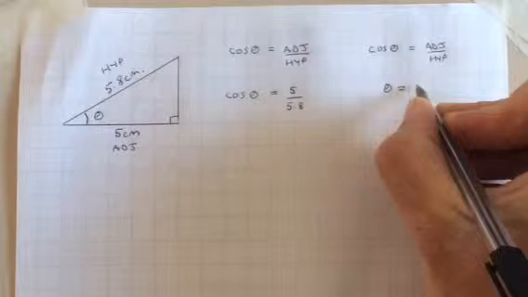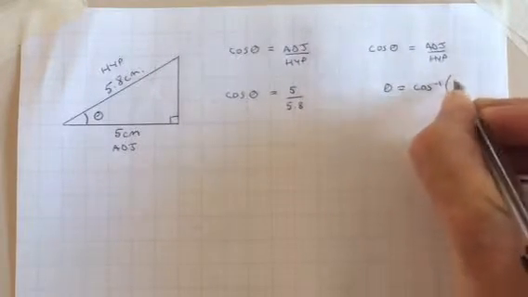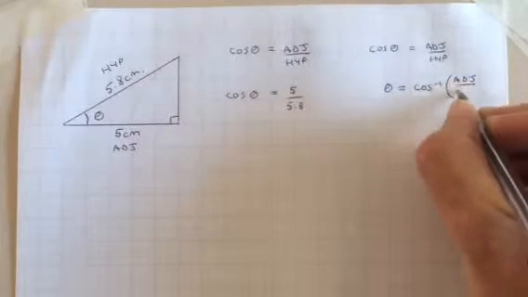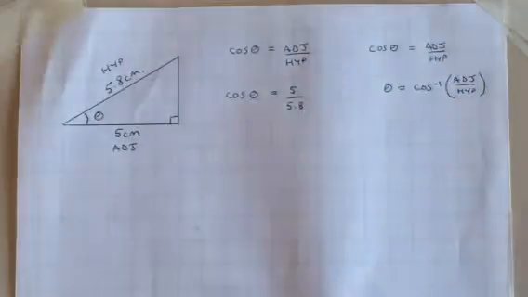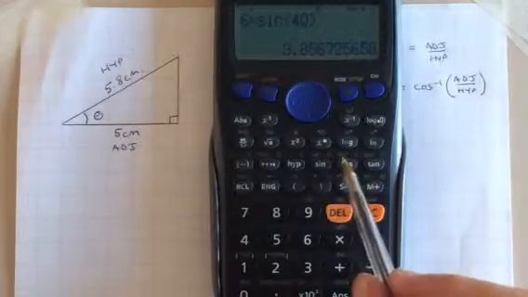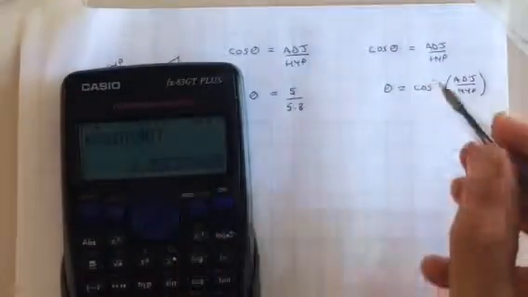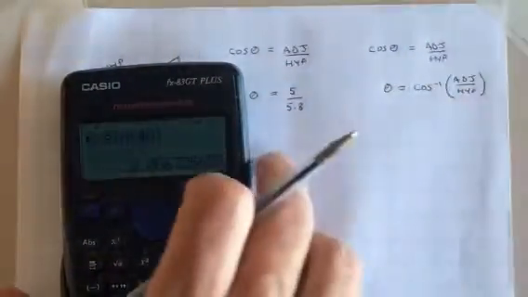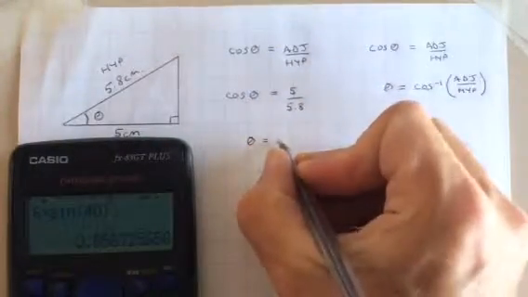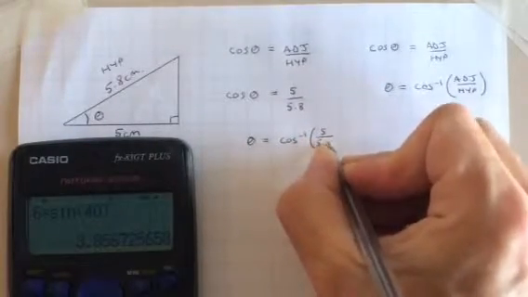So we use the inverse, which we write with a little -1 up in the air. If you look at your calculator, above the cosine button it says cos with a little -1. That function, if you give it the ratio, returns the angle. So theta equals inverse cos of 5 divided by 5.8.